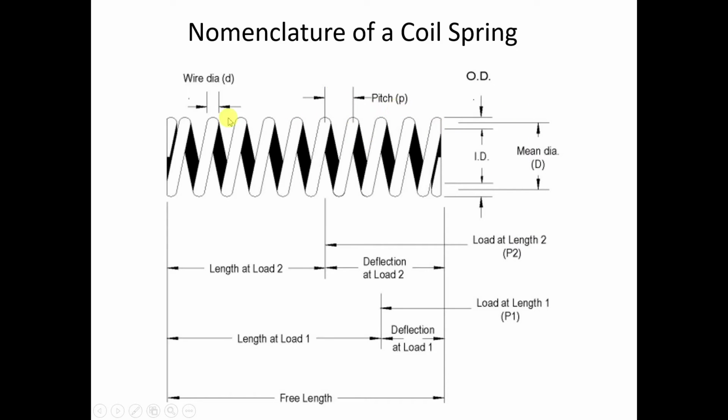In this figure, this D basically represents the wire dia, ID represents the inner diameter of the spring, OD represents the outer diameter of the spring, and the average between inner dia and outer dia represents the mean dia. P represents the pitch, which is the distance between any two consecutive coils.